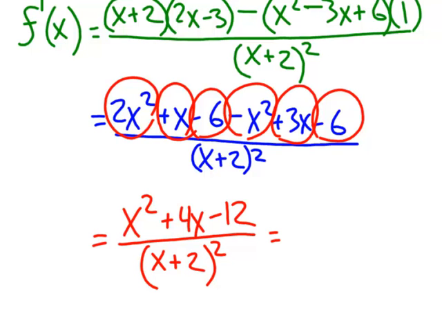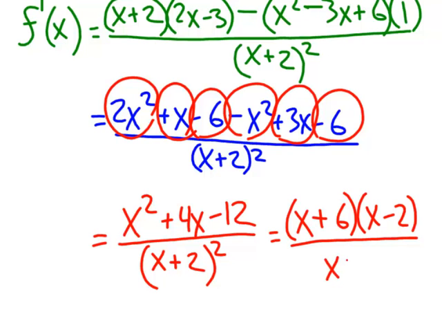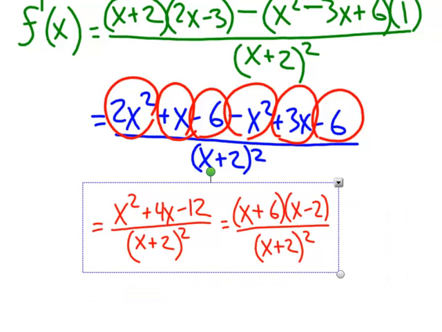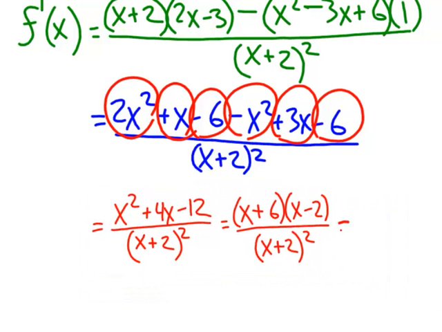And we check to see if the top is factorable, and it turns out it is. We're going to get, let's see, x plus 6 times x minus 2, all over x plus 2 squared. And let's set that equal to 0 or undefined.